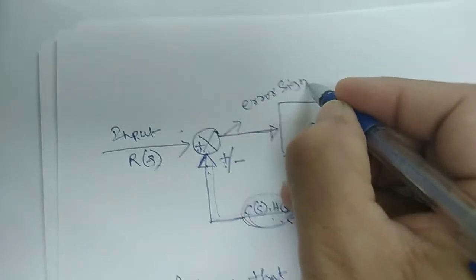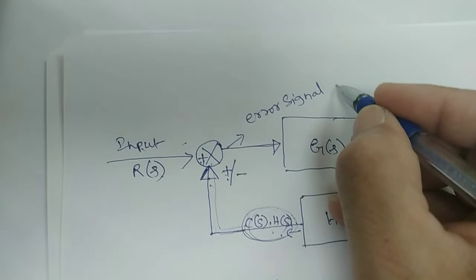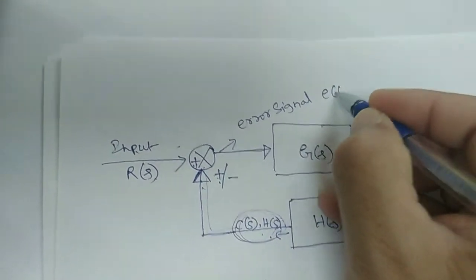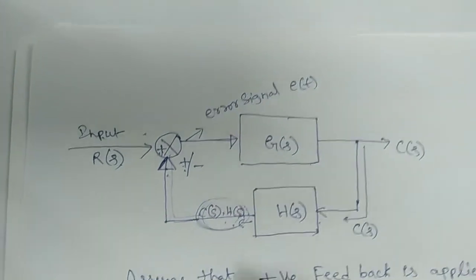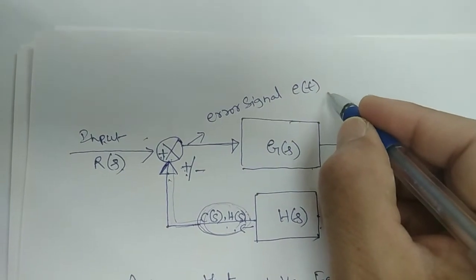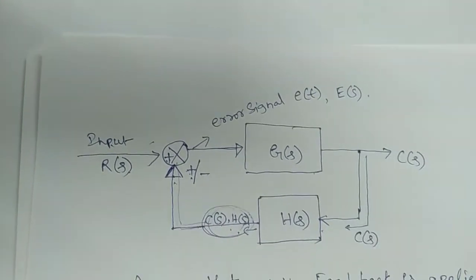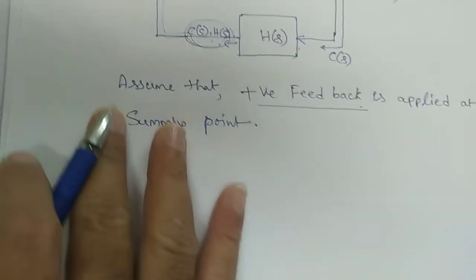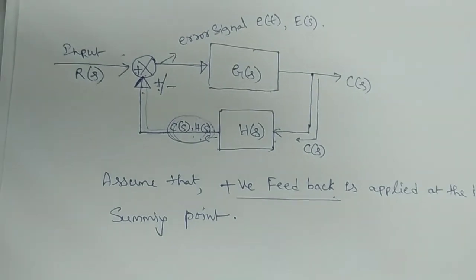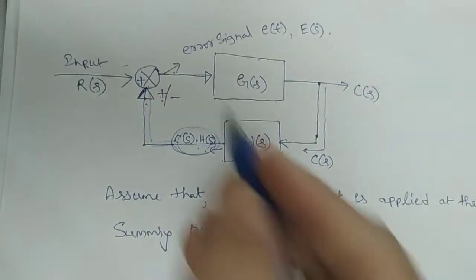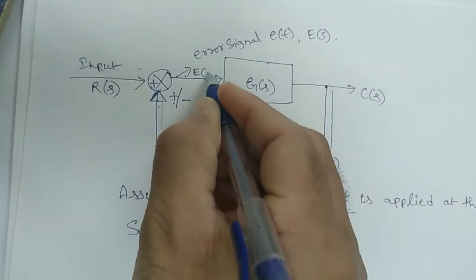Normally it is represented as E of t, but we will take its Laplace transformation, that is E of S. For simplification you consider E of S, so you write here E of S.